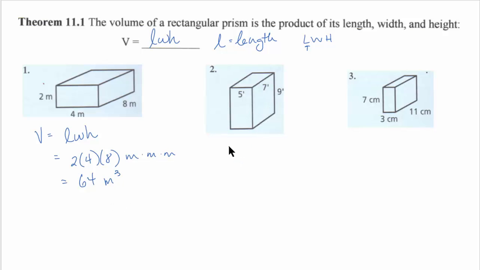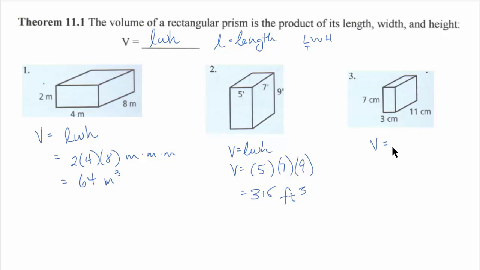How about this one? Volume is length times width times height. Volume is going to be 5 feet times 7 feet times 9 feet, so it's cubic feet. And 5 times 7 times 9 is 315, so 315 cubic feet for that one.